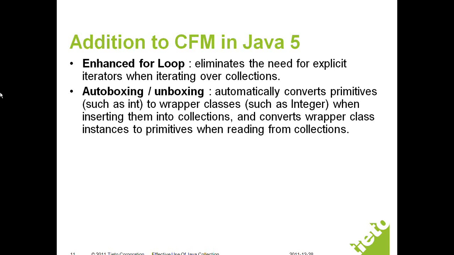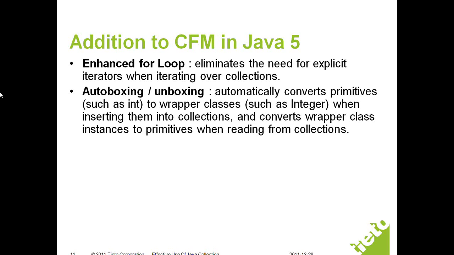These things can be eliminated with the help of the enhanced for loop, which just gives a for each, and you can pass the collection. So you don't need to put the specific condition, and that loop will go on till it has elements to iterate in the collection.